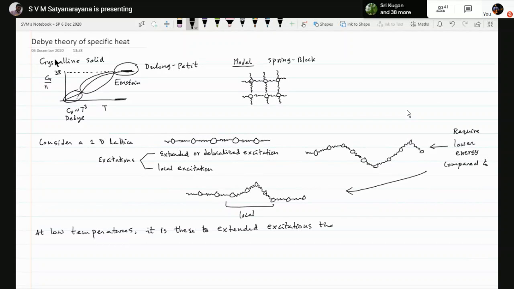So this basically tells you that you have to treat the entire lattice like a continuum.